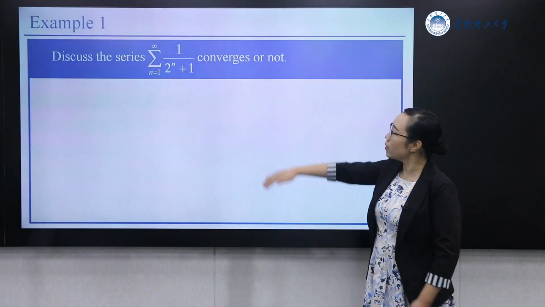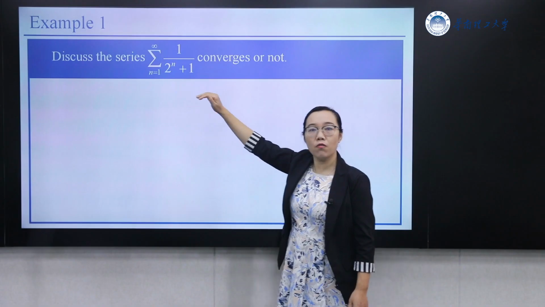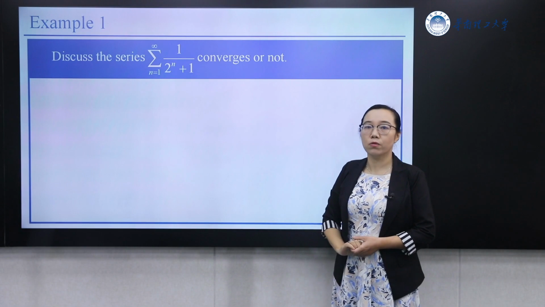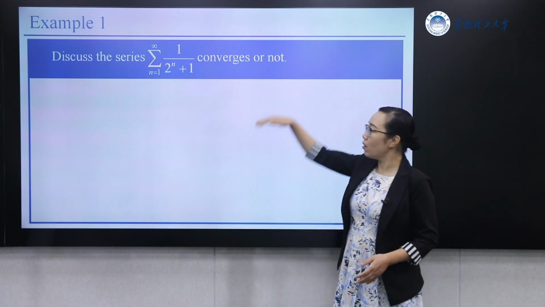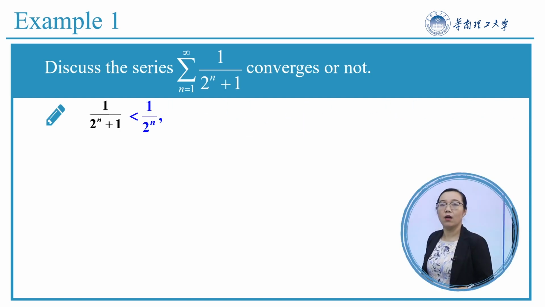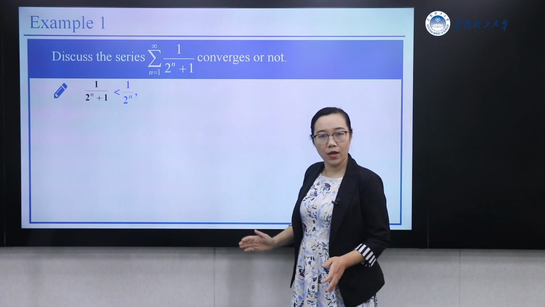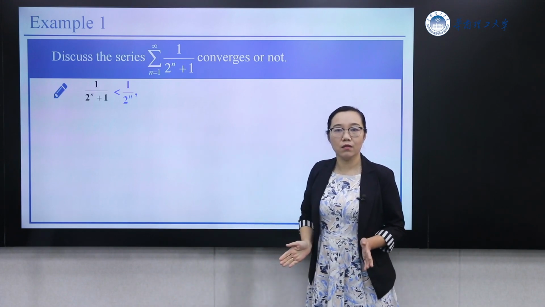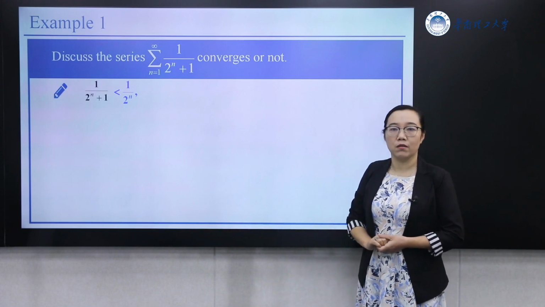Look at example 1. Discuss whether the series, the summation of 1 over 2 to the power n plus 1, converges or not. Apply this inequality: 1 over 2 to the power n plus 1 is less than 1 over 2 to the power n.